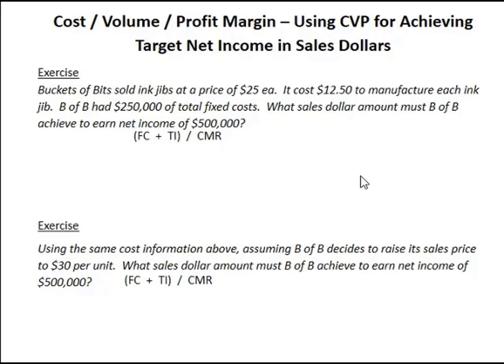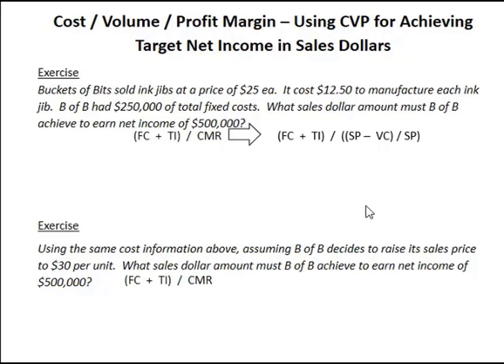So again, we have our target net income in sales formula right here, fixed cost plus target net income divided by contribution margin ratio. So again, I'm going to break the equation down into its variables. And here we go again. Fixed cost plus target income divided by my selling price minus a variable cost divided by my selling price.